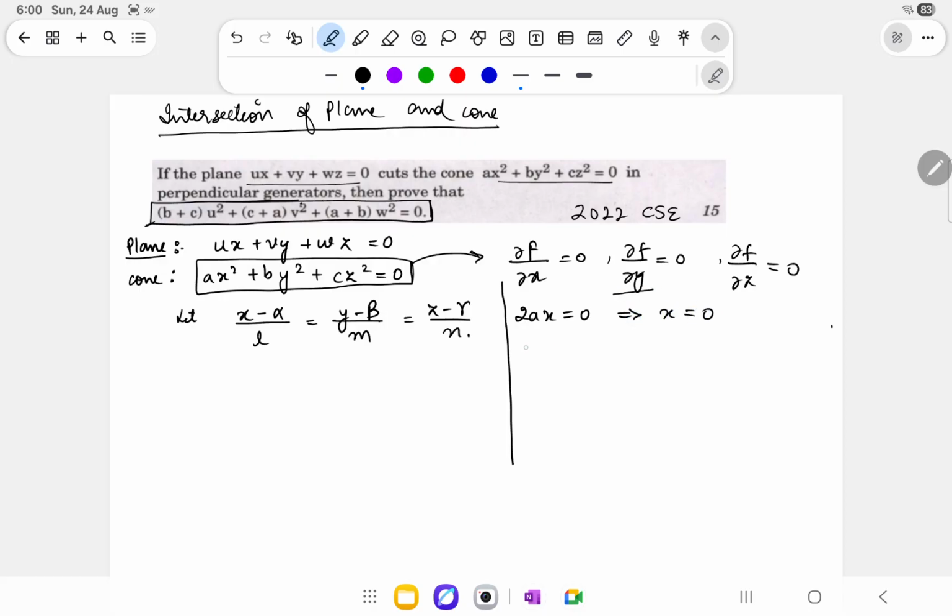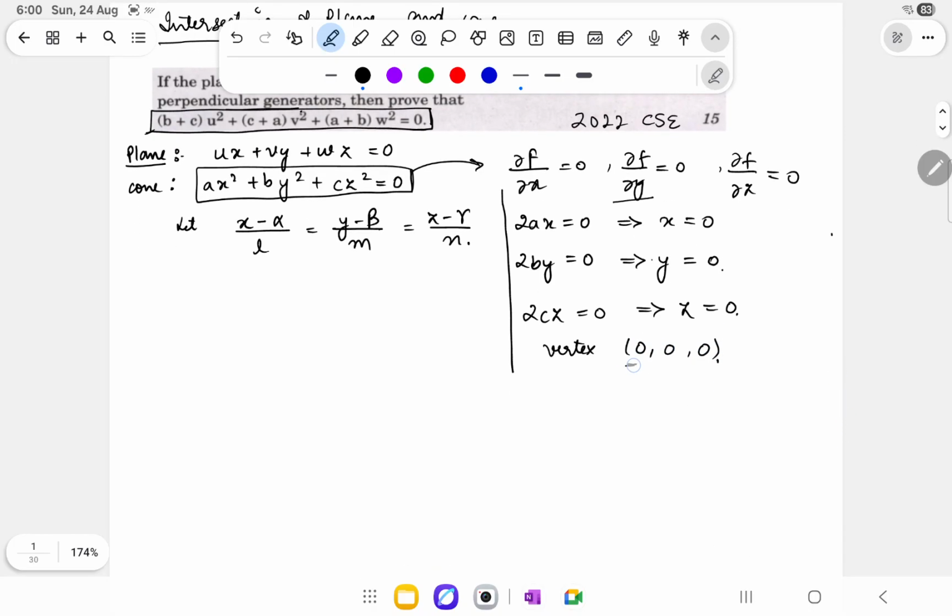Likewise, from the second partial differential equation I'll get 2by equals 0, which gives y as 0, and the third one gives 2cz equals 0, from which I get z equals 0. So basically the vertex of the given cone is (0, 0, 0).